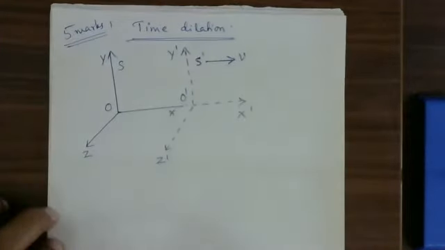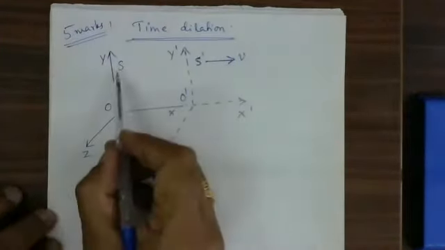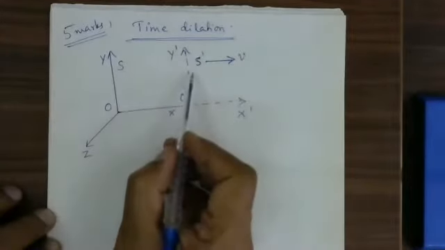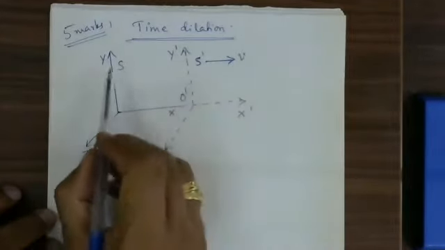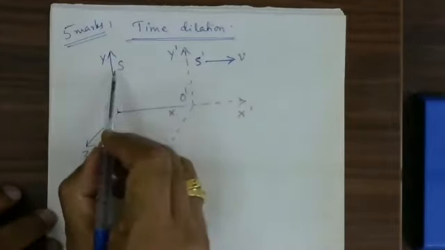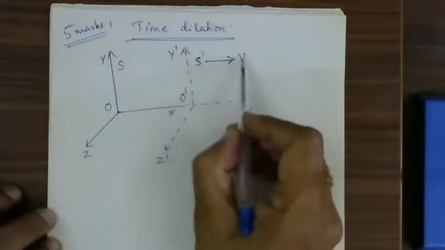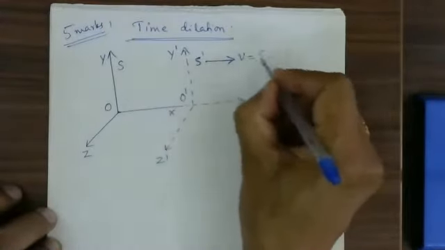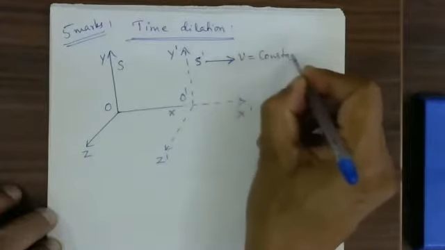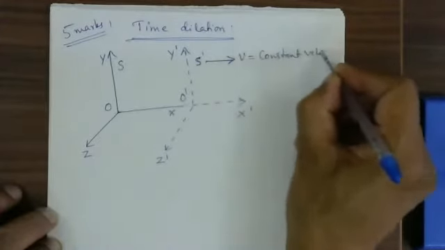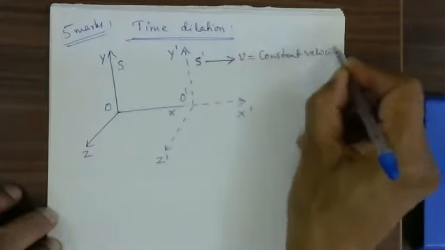So what I considered so far is S is a frame of reference, S dash is also a frame of reference. S is at rest, S dash is moving along the common x-axis with a constant velocity V. When the time interval is 0, O and O dash coincide.